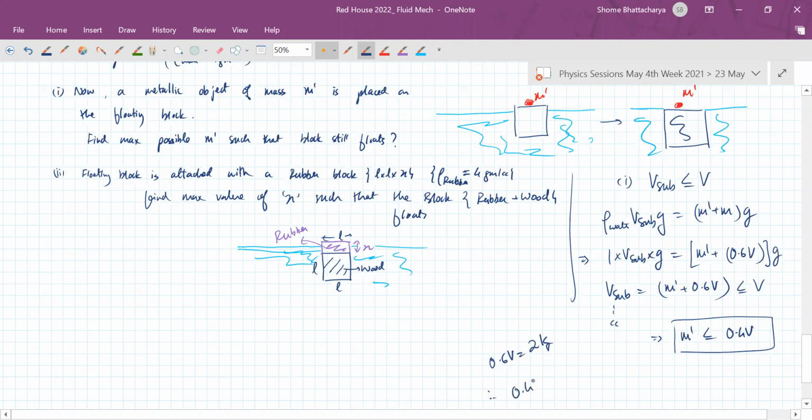Therefore, 0.4 V is equal to 4 by 6 of 2 kg. So this becomes the answer.